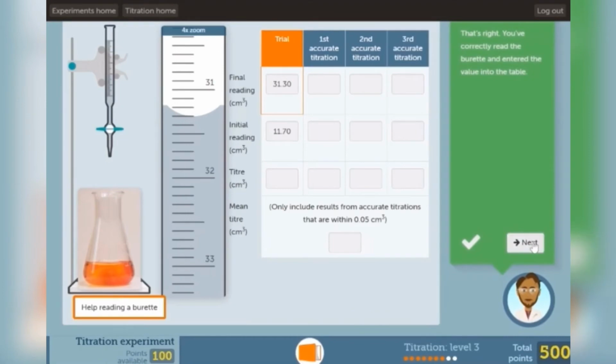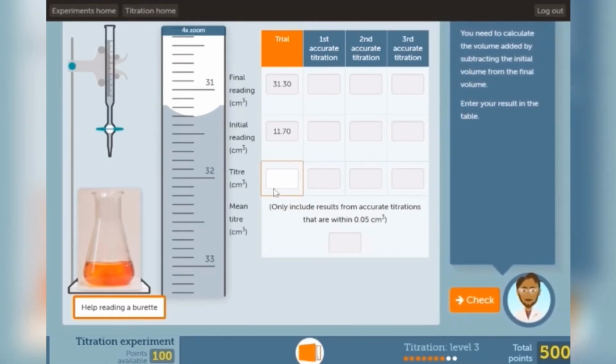Subtracting the final and initial readings to obtain the titre volume, which is 19.60 cm³.